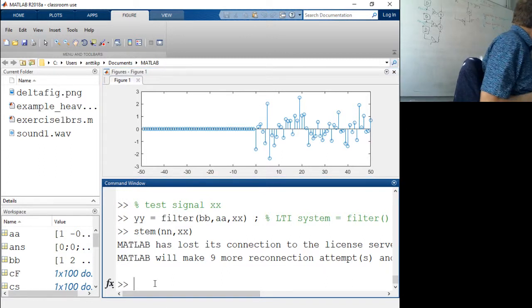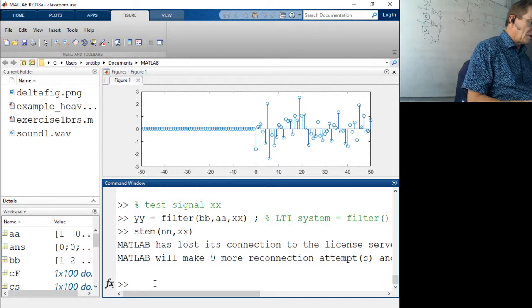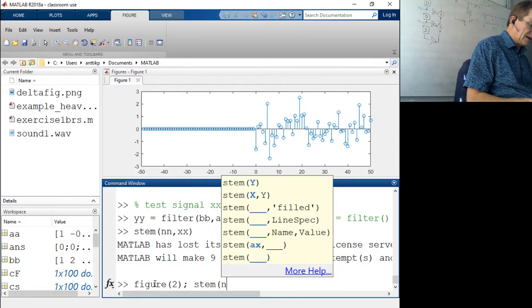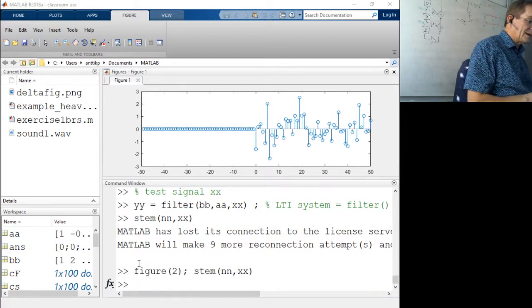So, comparing to the previous, I could actually have two different figures. Figure 2 and stem plot my NN and input signal there. All right.